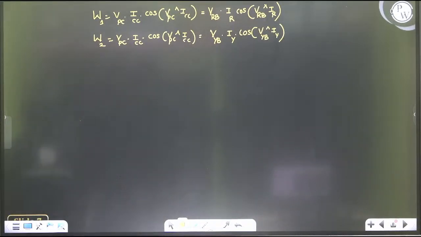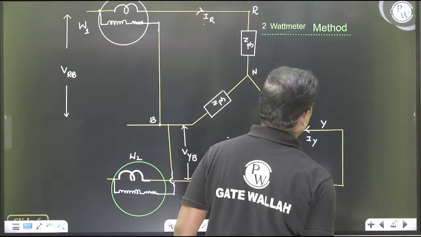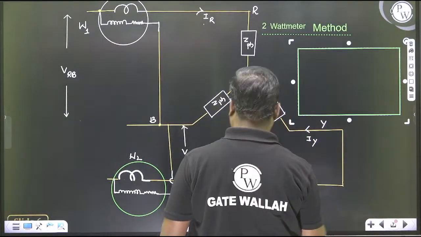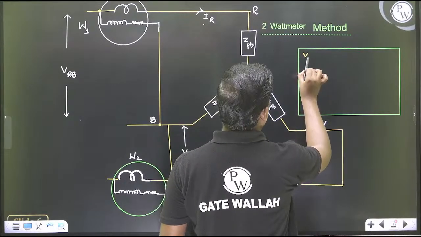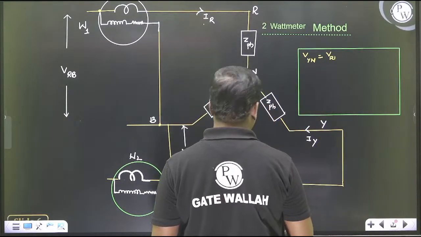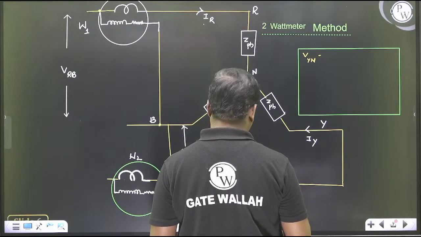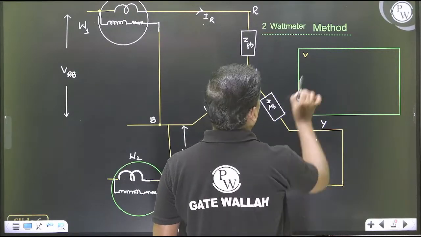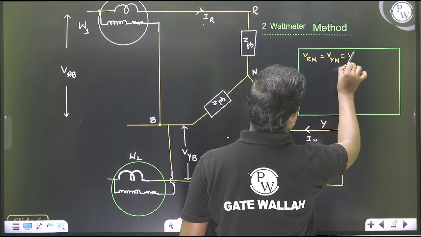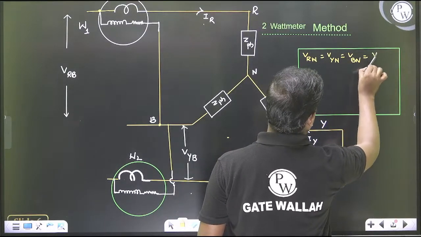So here if you check, VRB is a line to line voltage, VYB is a line to line voltage. You also need to know VYN, VRN: VRN is equal to VYN is equal to VBN. This is a phase voltage.